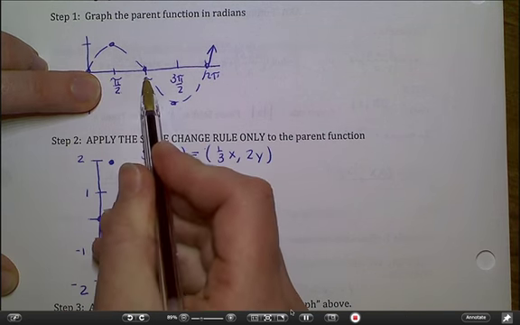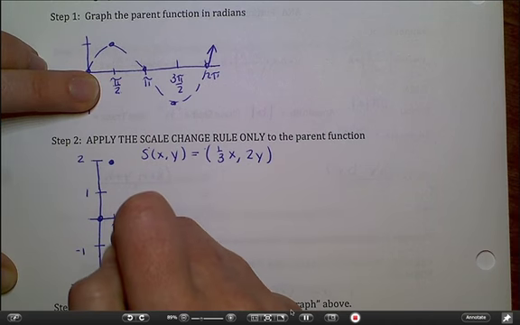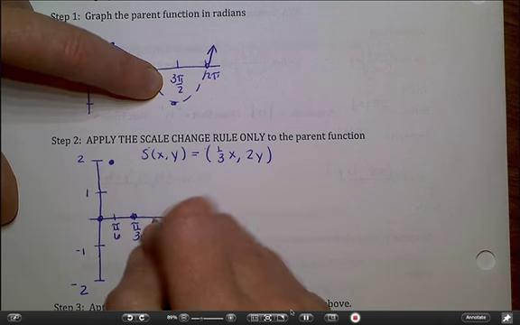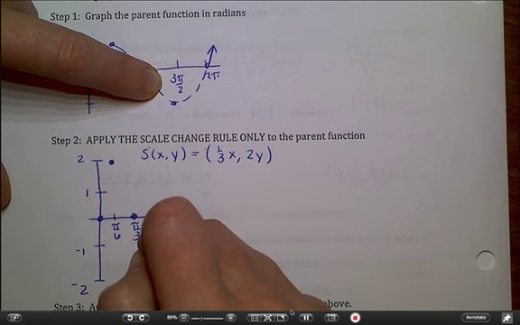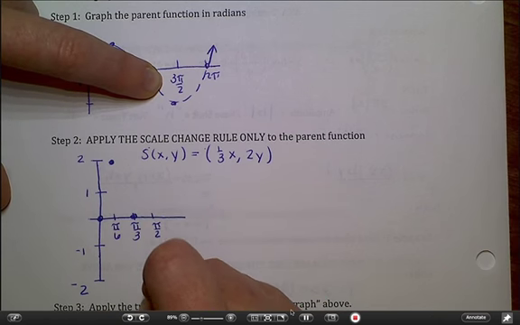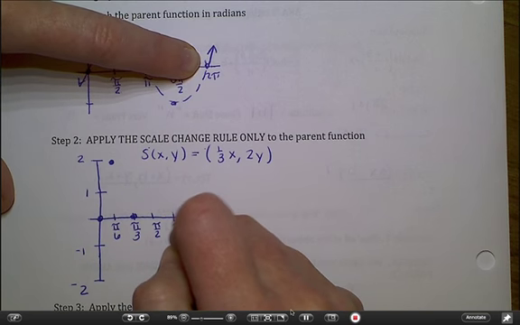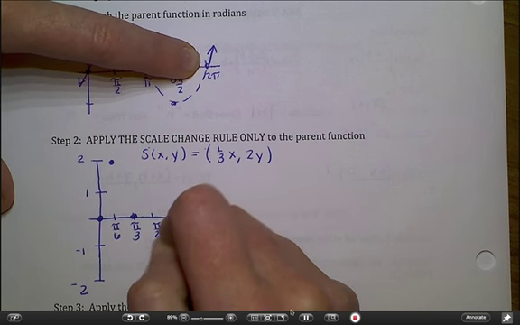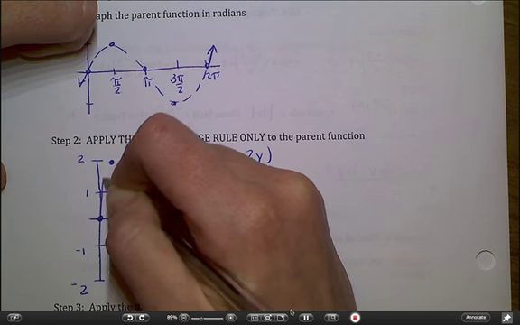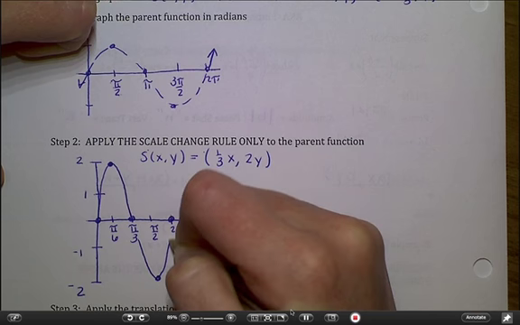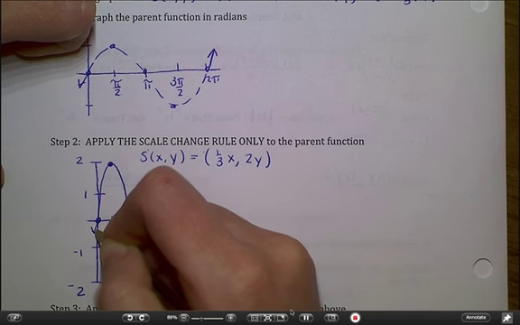This point right here will now be at pi over 3, comma 0. This point will now be at pi over 2, comma negative 2, and that point will now be at 2 pi over 3. And we connect. I probably shouldn't have done a solid line because we are not done.